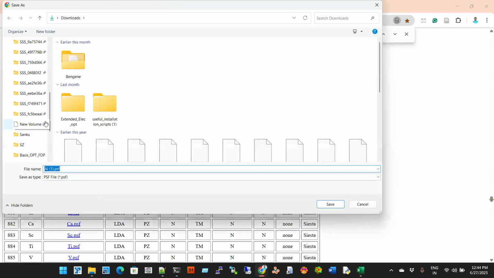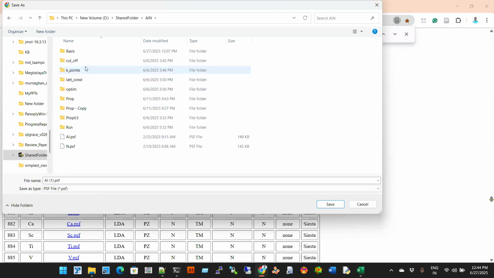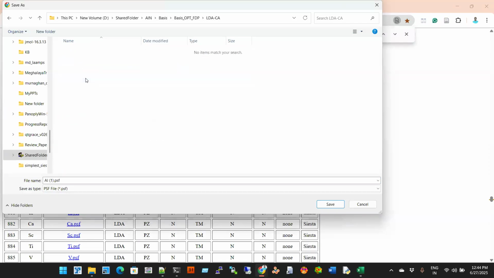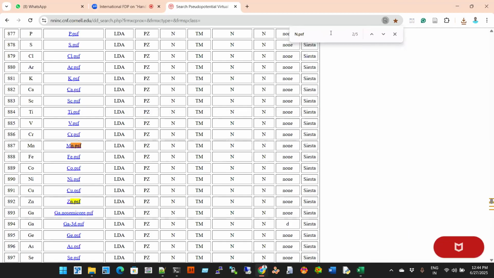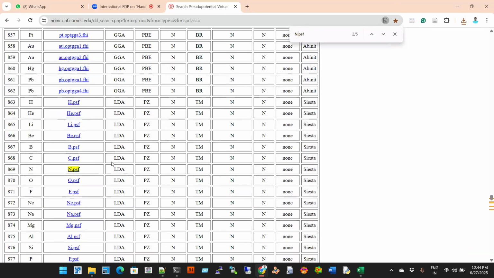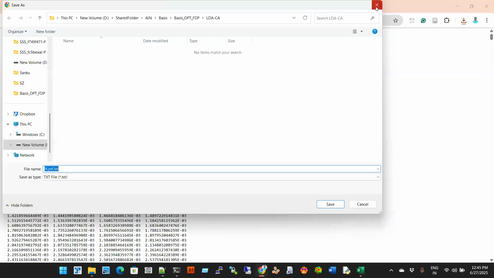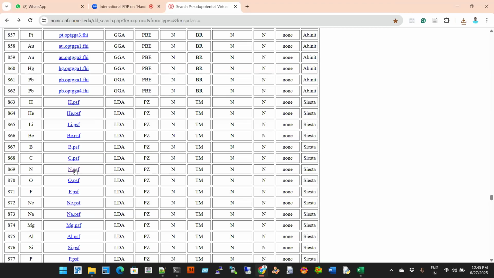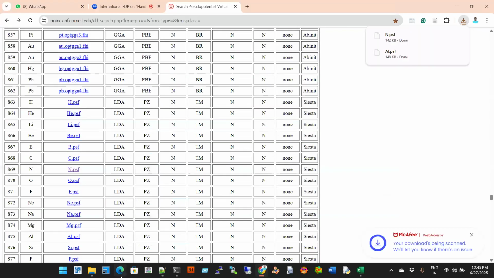Save link as. Similarly, nitrogen PSF. Okay.